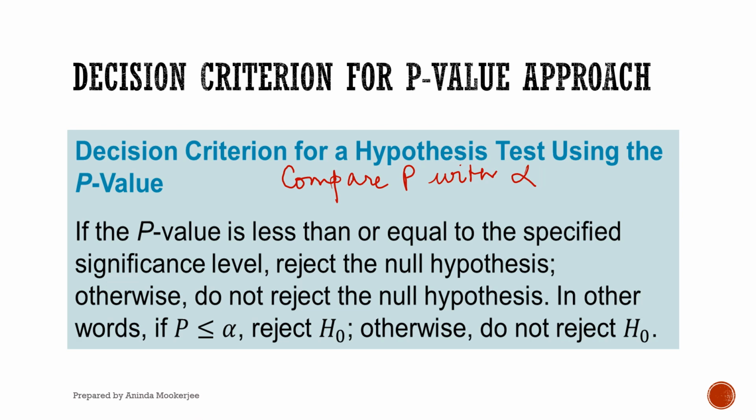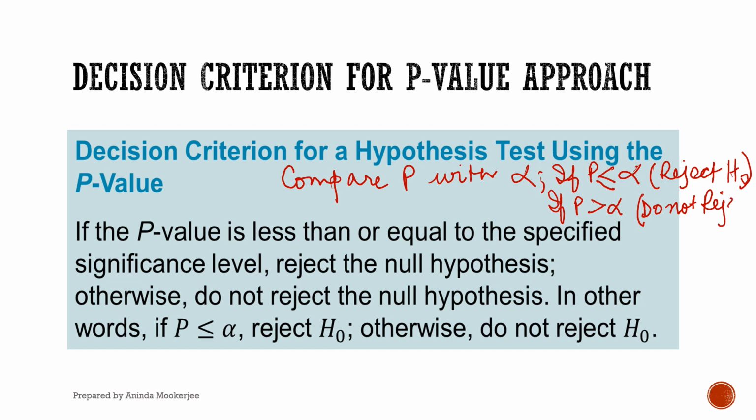If p is less than or equal to alpha, reject the null hypothesis. And if p is greater than alpha, then do not reject the null hypothesis. So that's what our decision is going to be based upon.